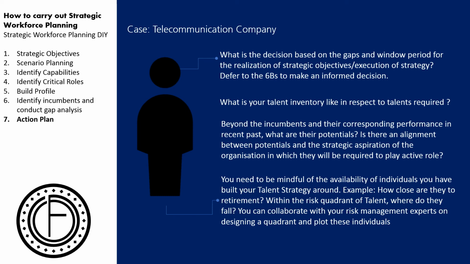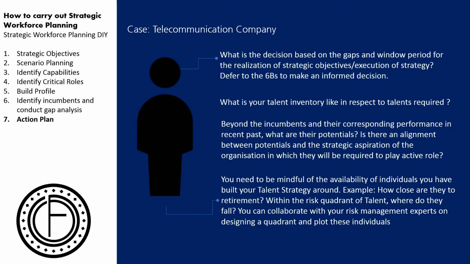And for potential, you test for potential, learning agilities, and all of those things. You need to be mindful of the availability of individuals you have built your talent strategy around. For example, how close are they to retirement? Because sometimes you have these incumbents and by the time you check, you will discover that these guys are close to retirement.